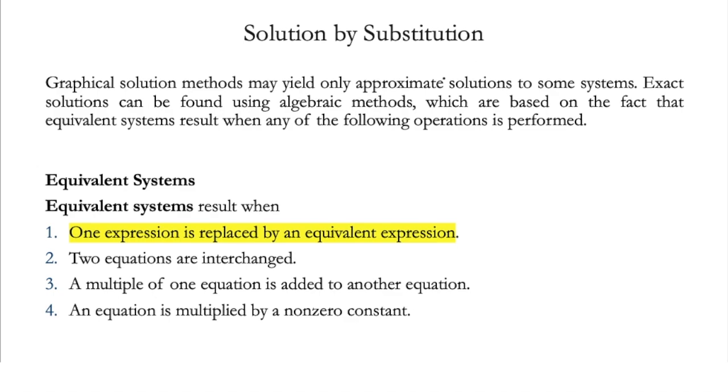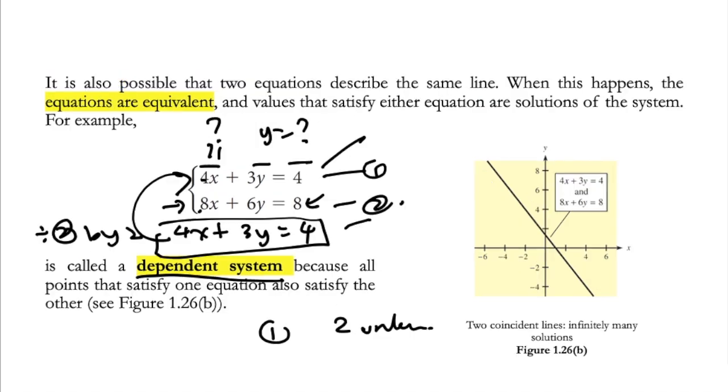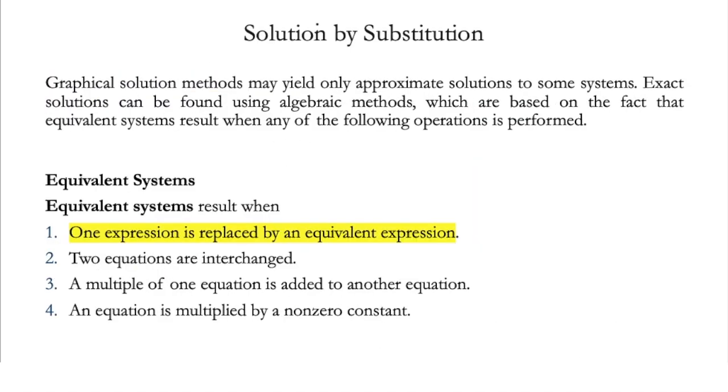Okay, but before we go to solution by substitution, what we can conclude from this and also this is that we may have an equivalent system for something like this. All right. One expression is replaced by an equivalent expression. 2 equations are interchanged, basically.